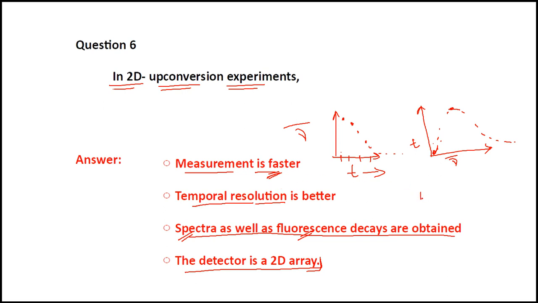Suppose you run the detector for 5 seconds, or for 10 seconds, and take the reading: how much the intensity has increased or reduced, and how many times you take the reading. The same experiment can be done for a period of 5 seconds or 10 seconds, whatever. And temporal resolution, anyway, is better.